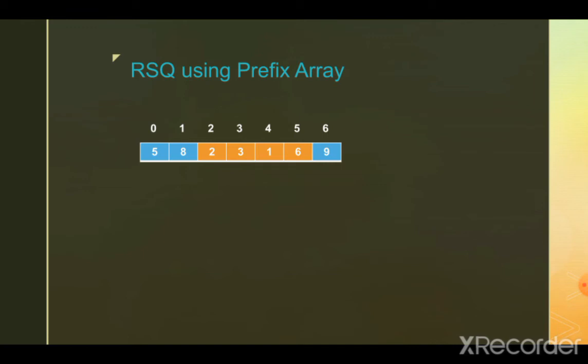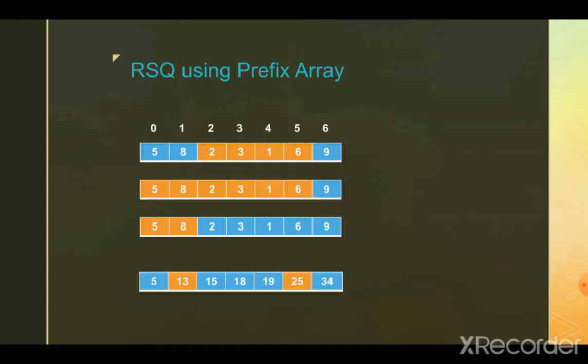So the range is highlighted here, and then we know that the range from 2 to 5 can be expressed as the range 0 to 5 minus the range 0 to 1.